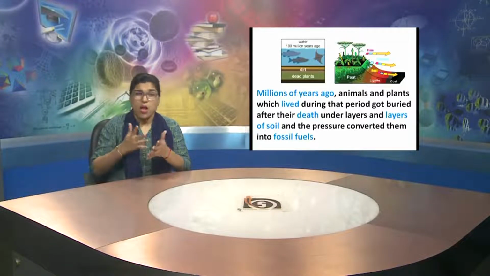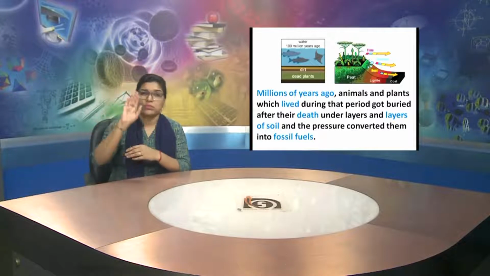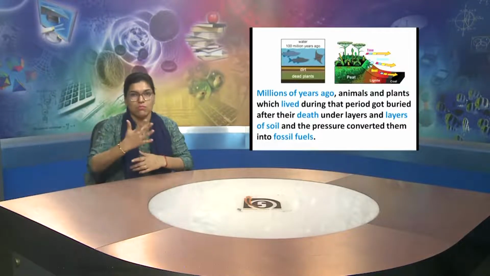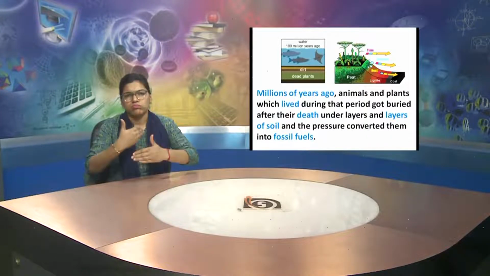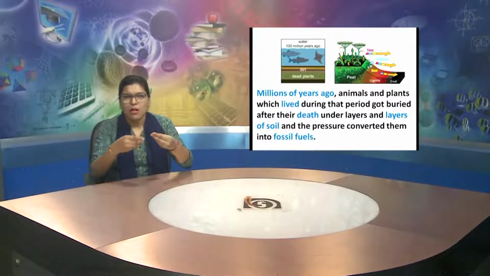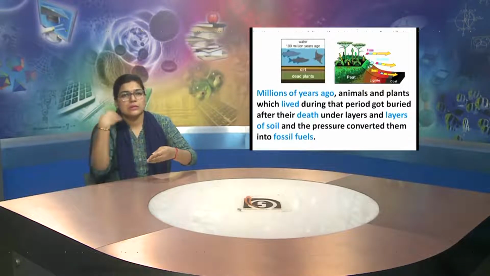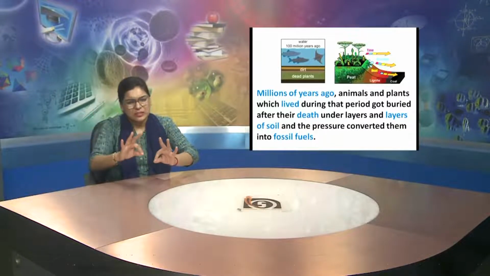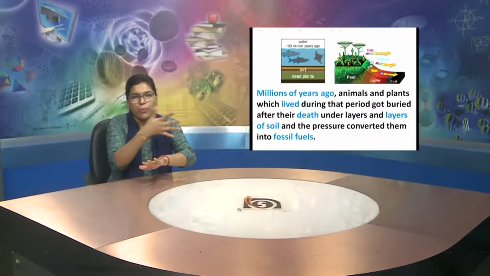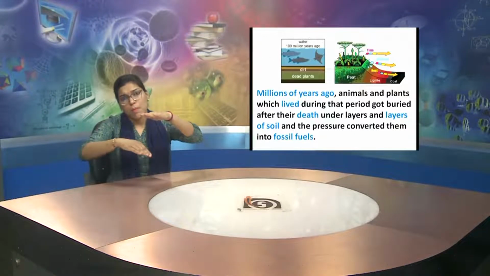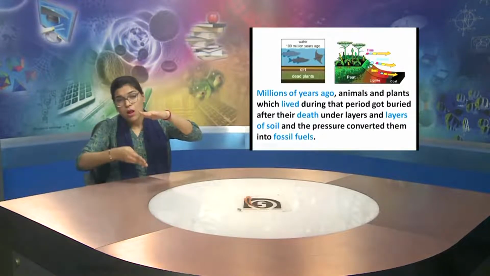Millions of years ago, animals and plants which lived during that period got buried after their death under layers and layers of soil, and the pressure converted them into fossil fuel.